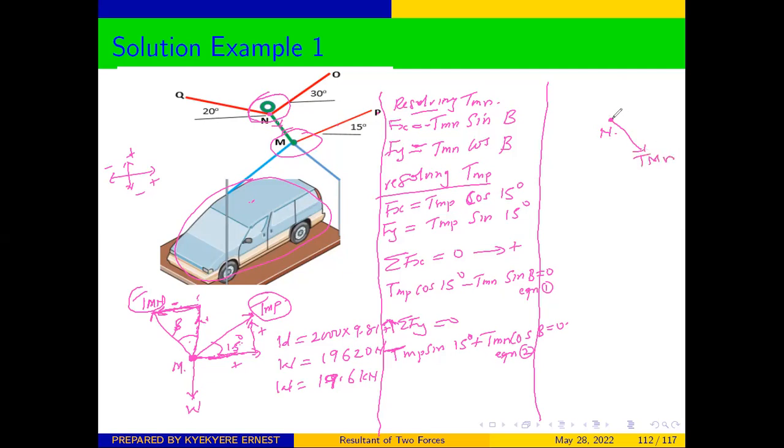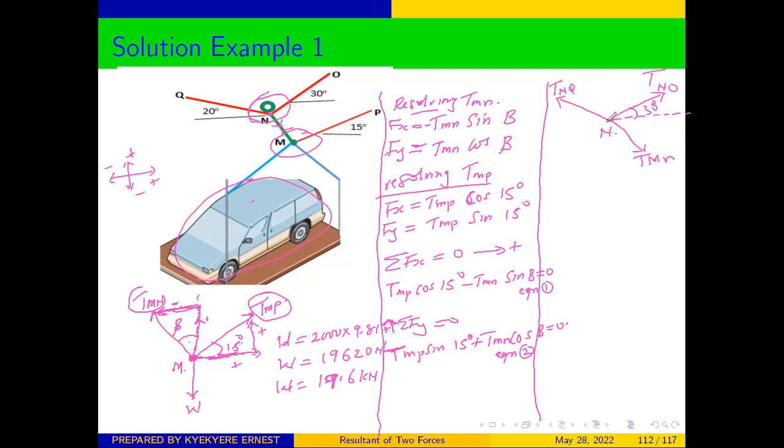And then we have the force O moving this direction, and it is making an angle of 30 degrees with the horizontal. And then we also have our force Q. So we can call this TNO, and then we can call this TNQ.